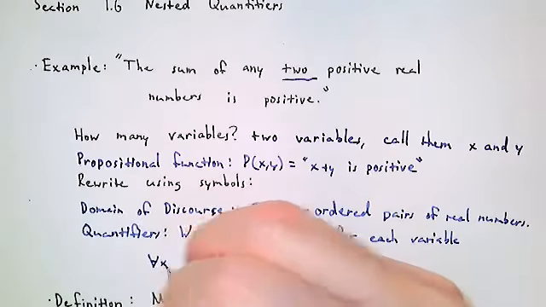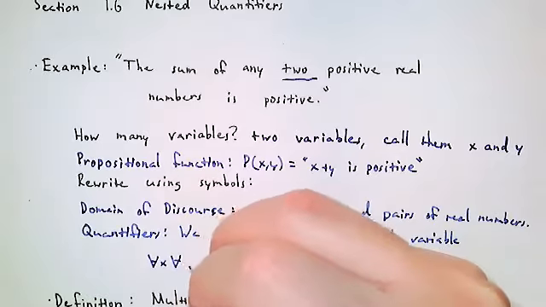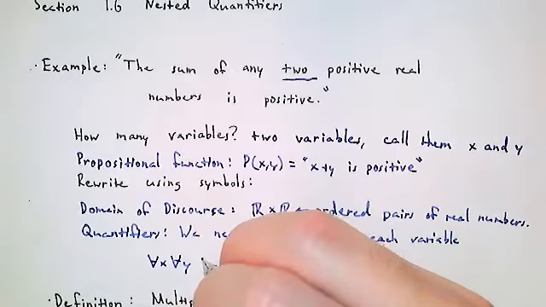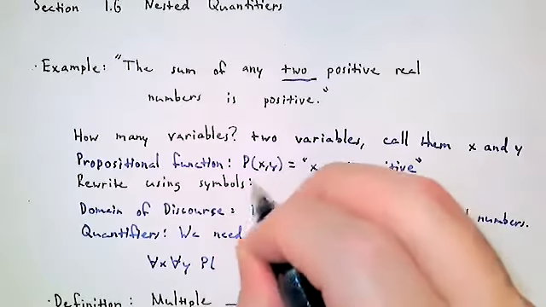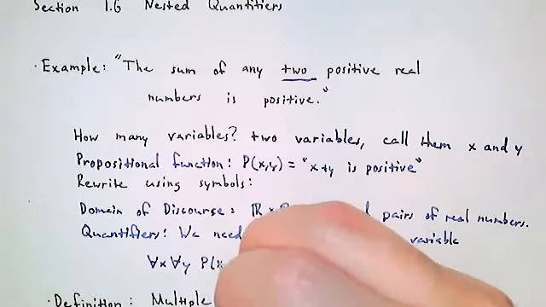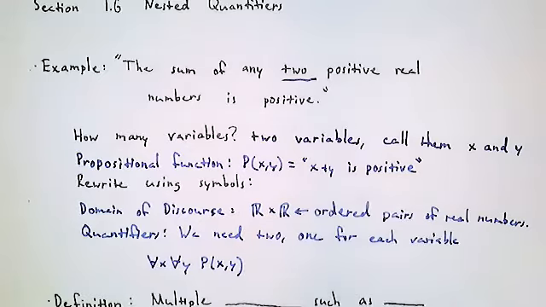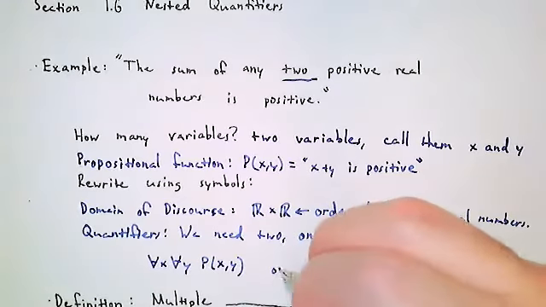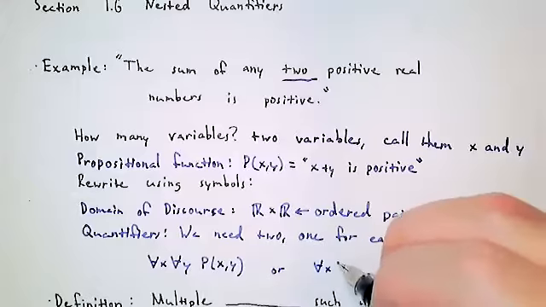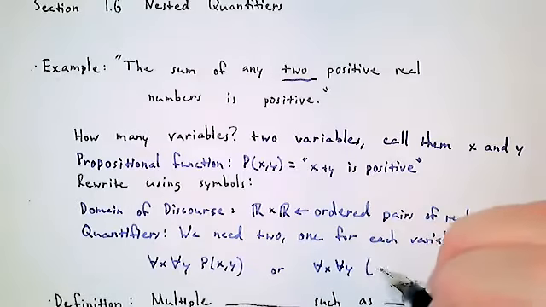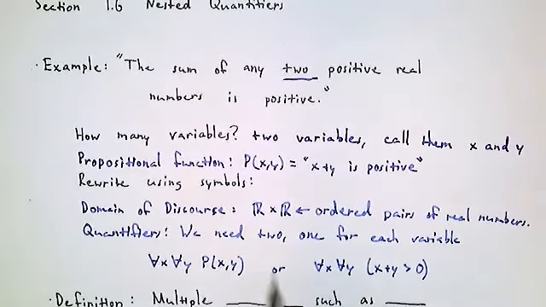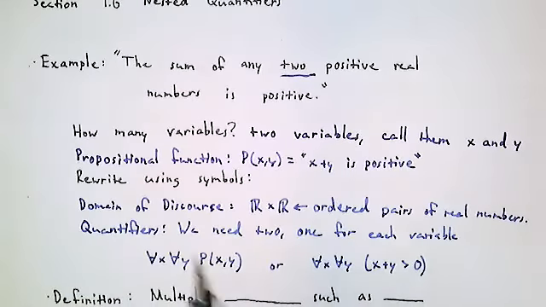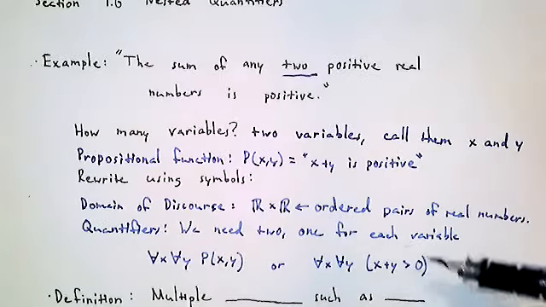So for all real numbers x and for all real numbers y, x plus y is positive, which we can just write using the propositional function p of x, y, or we could actually write it using math symbols. Both of these would be fine if you want to think about it symbolically. This one uses a logic symbol for the propositional function. In here, we just use the math symbols.